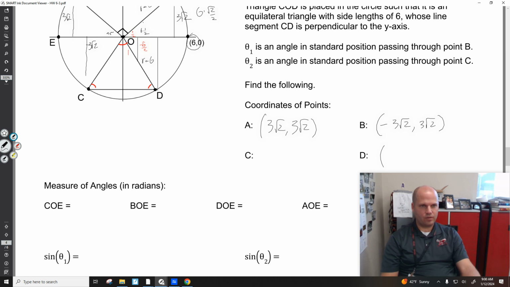If we have this triangle created right here, clear this off really quick. We know this is 6 times 1/2 or negative 3. This is 6 times root 3 over 2 or negative 3 root 3. Because 6 times 1/2 is 3, and then we have the root 3. It's negative 3 root 3. My bad.